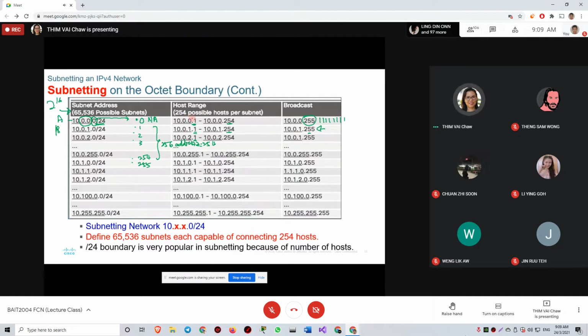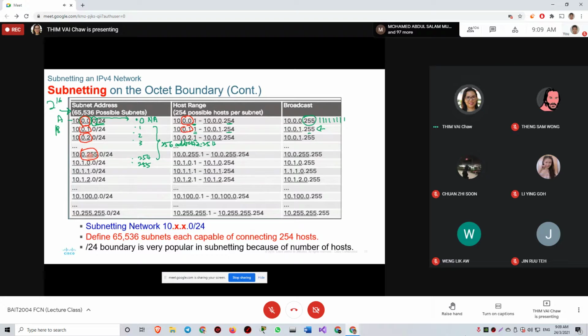You can have a look: 0.0, 0.1 is another network. Can you see or not? 0.0, 0.1, 0.2, then 0.255. You can see this bit pattern has already reached 255.